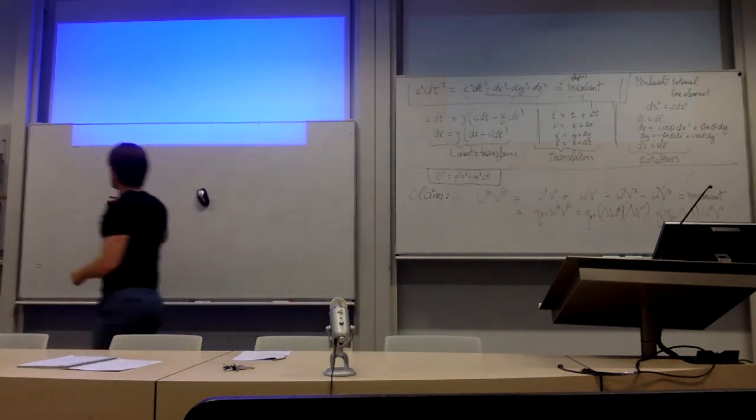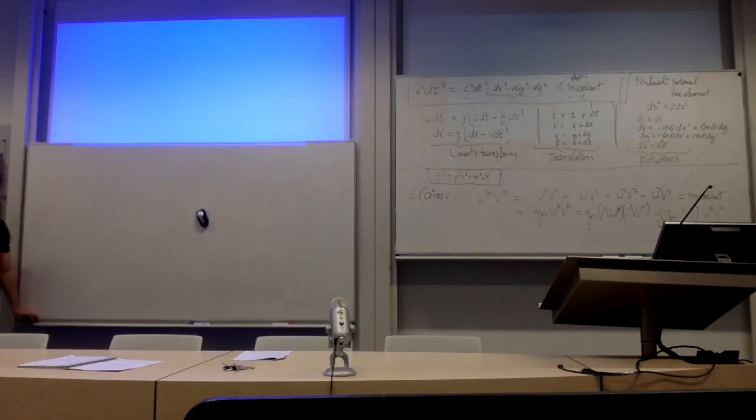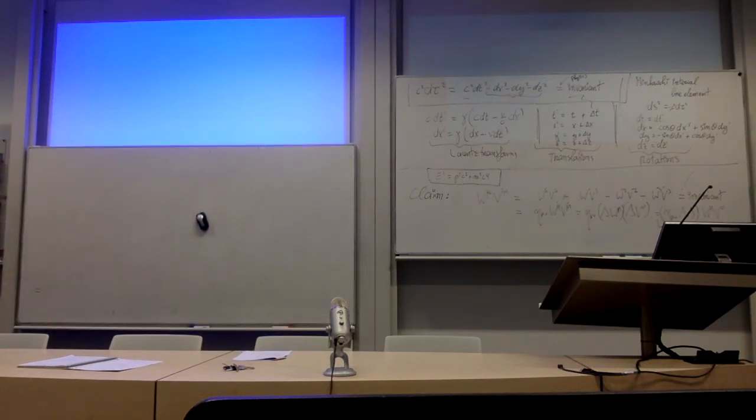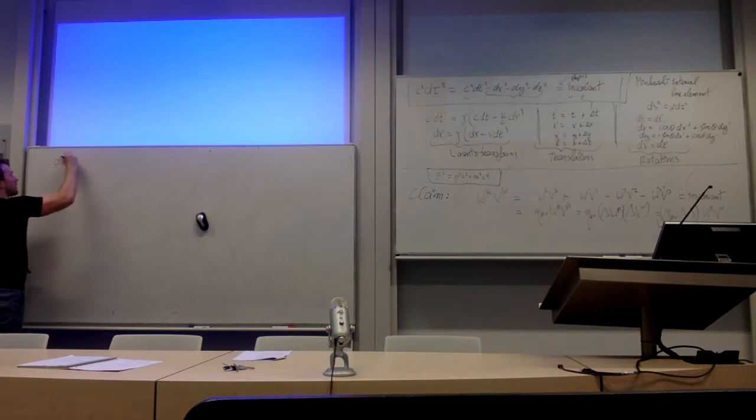I'm going to give you a 4-vector. Question to you. Check for yourself that this is indeed going to be a 4-vector. We're going to write down right now, okay? Question, is this a 4-vector?